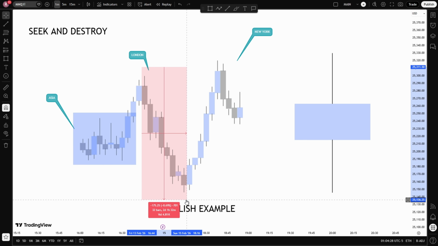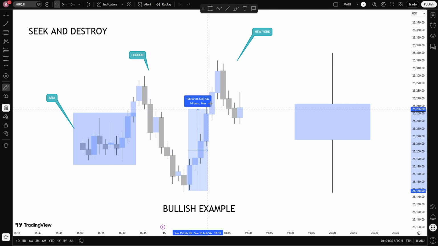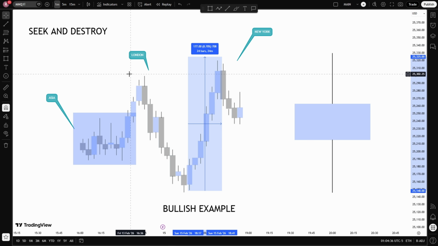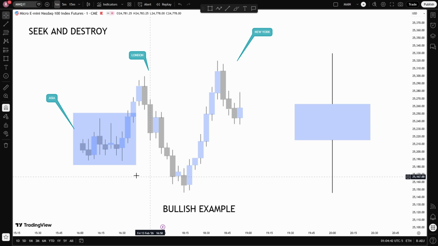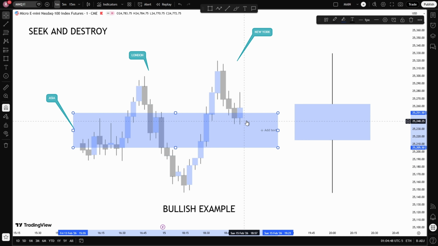Then later, it may attempt to expand in the opposite direction. Again, it reaches outside of the developing range, takes liquidity, and once again gets pulled back inside. So every time price pushes outside the range, it fails to expand and instead rotates back into equilibrium. There's no sustained continuation.